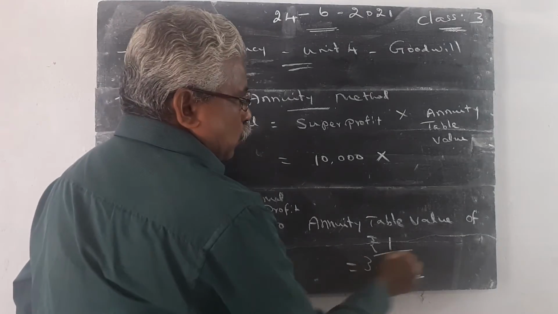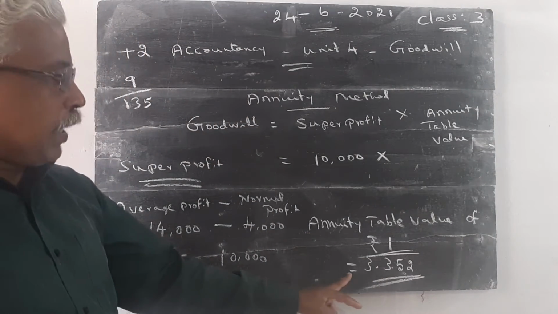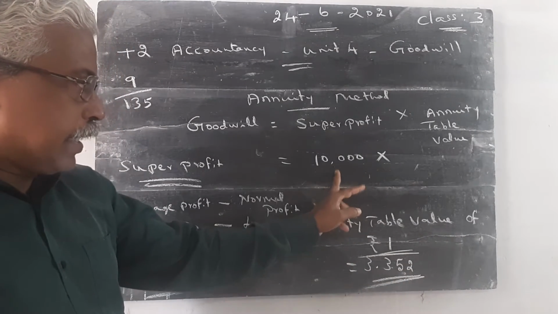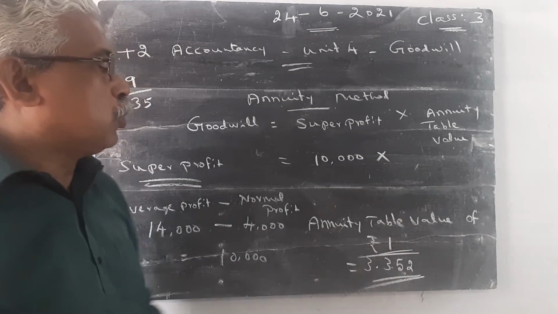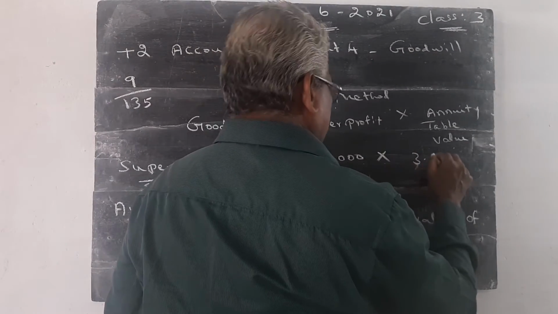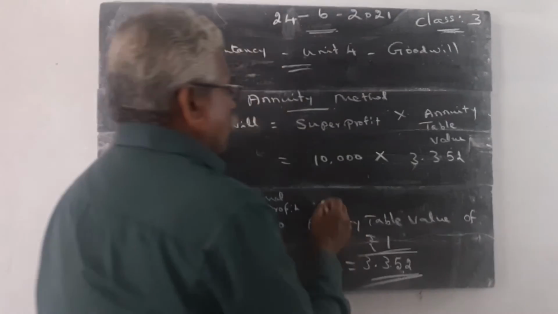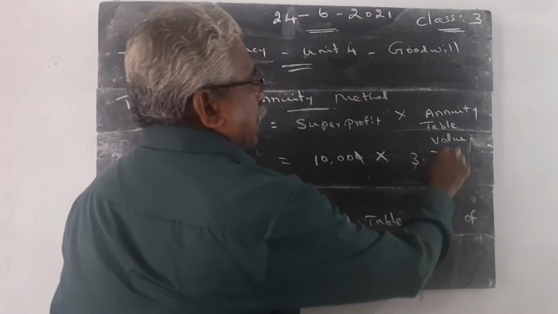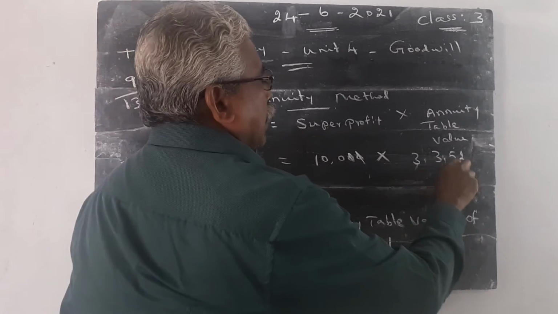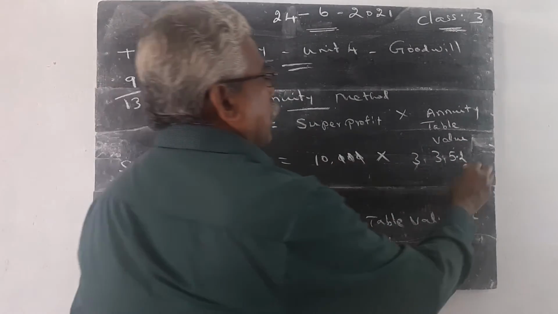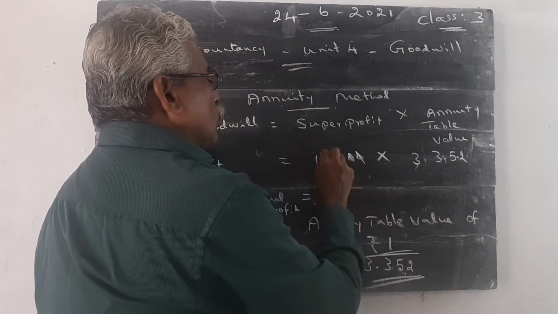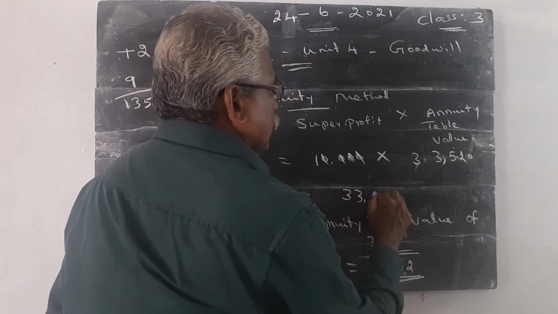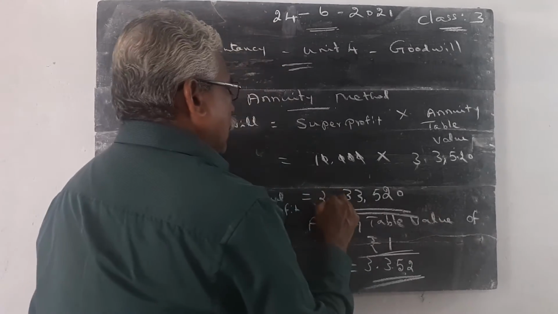So we have to multiply 10,000 into 3.352. We can cut the zeros and shift the decimal point, one zero at a time, four zeros in all. So the answer is 33,520. The value of goodwill is 33,520.